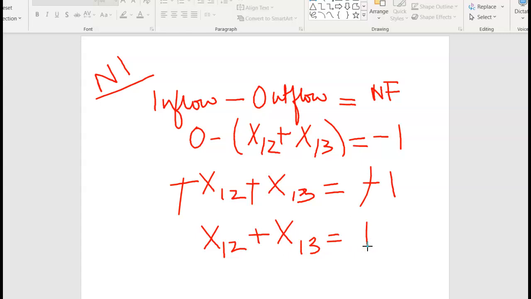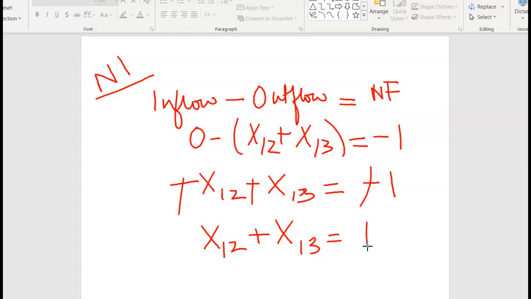And this actually makes sense because we've already said that these x's will take 0, 1 values. So if x12 is 1, x13 has to be forced to be 0 because you cannot take both the routes. You have to choose. So with the help of this equation, what we're telling Excel is that only one of these two routes can be taken, which is correct.